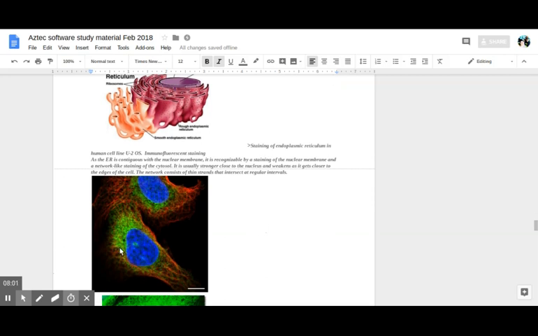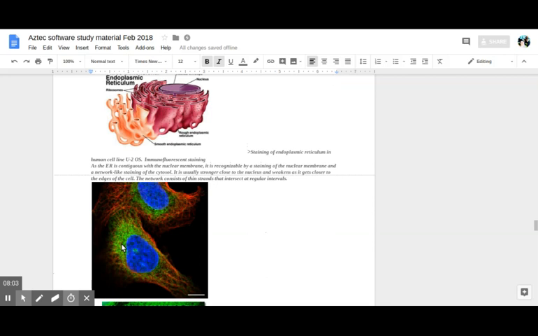As the ER is contiguous with the nuclear membrane, it is recognizable by staining of nuclear membrane and a network-like staining of the cytosol. It is usually stronger close to the nucleus and weakest as it gets closer to the edges of the cell. The network consists of thin strands that intersect at regular intervals.